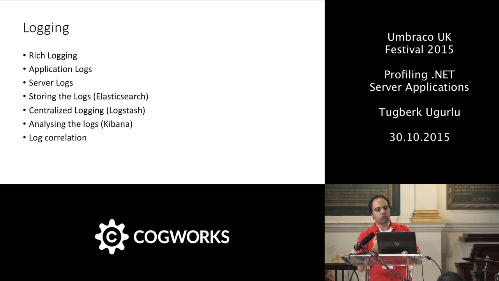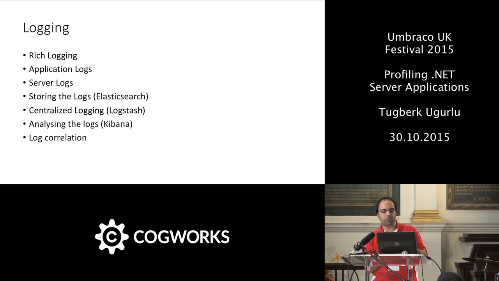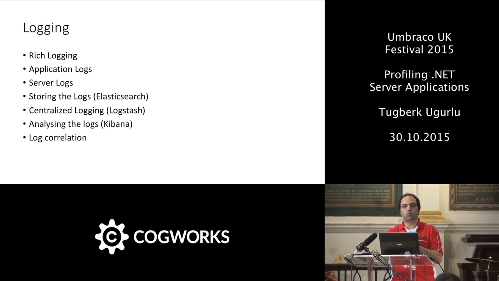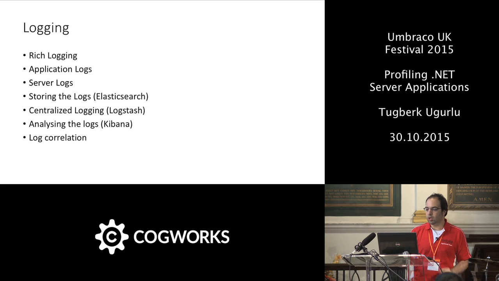Having rich logging will enable you to trace what the user has done. Remember what we were talking about before: a server application is stateless, so you cannot actually understand what the user has done. Without logging, you may not know that at all. So logging is pretty important.